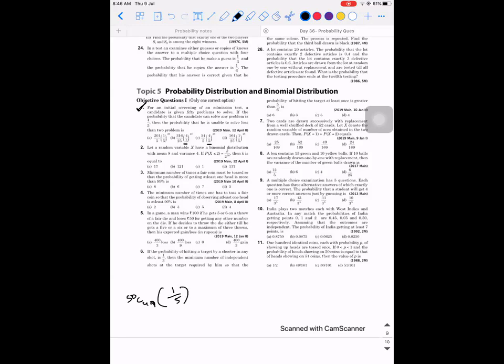Oh, 4 by 5 is success. Okay, then it should be 49. So 4 by 5 the whole power 49 into 1 by 5, plus 50 C 50 into 4 by 5 whole power 50 into 1 by 5 whole power 0.